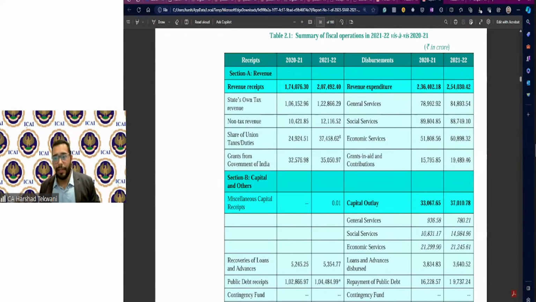A lot of things are there. Till the time you don't understand, you won't be able to perform the audit. So it becomes imperative to understand what we are auditing and how much it differs from what we have learned till now. That's why auditing a public sector undertaking is a special area: it contains different things compared to a normal audit.